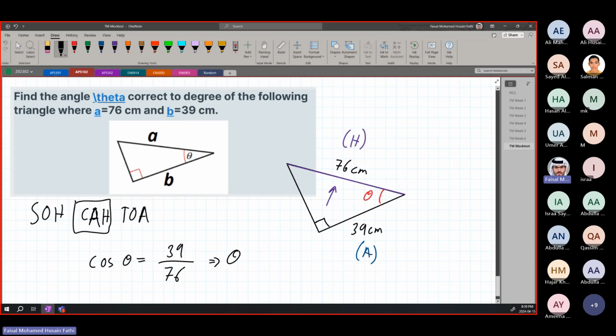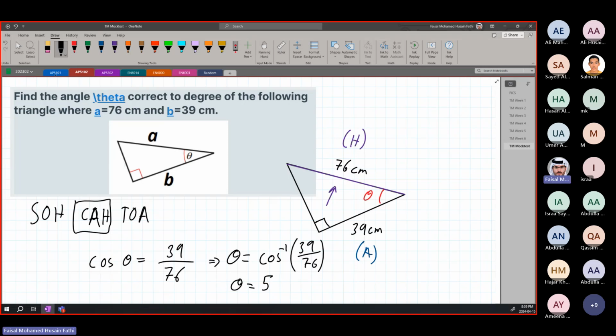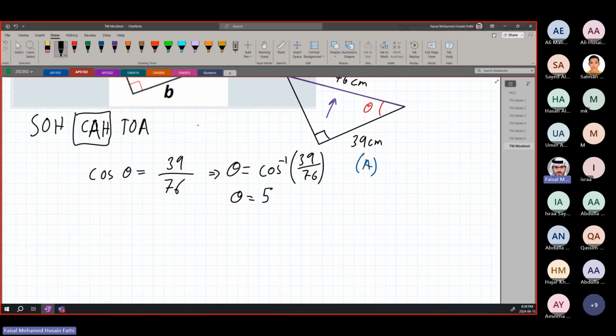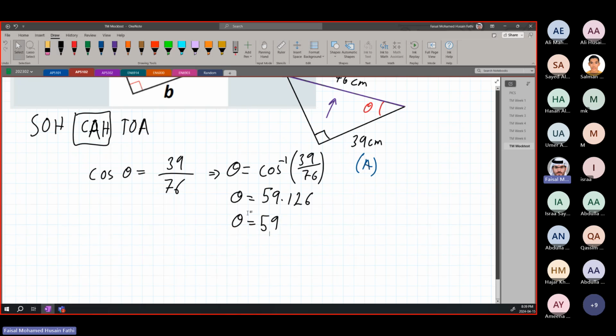Therefore, theta is equal to cosine inverse of 39 divided by 76, which is 59.126, or to the nearest degree would be 59. When they say to the nearest degree, they just mean that there is no decimal points, okay?